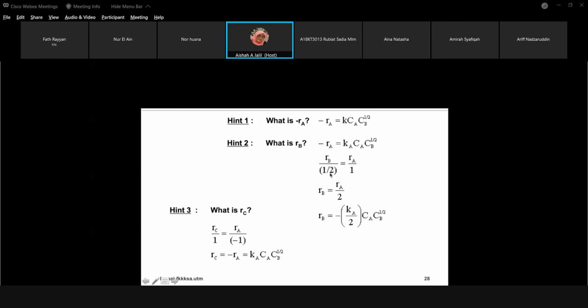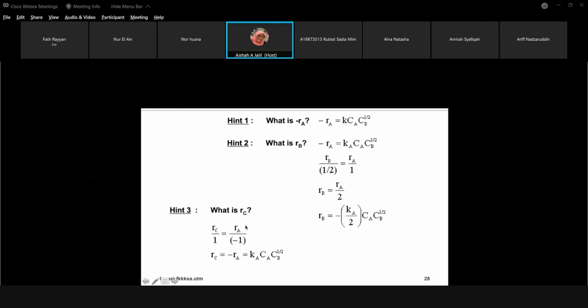This is half, and then r_A becomes 1. So r_B becomes like this, cross-multiplying. For r_C also, this is -1, because the reactant and the product is just one C, so it becomes like this. Be careful of the sign, negative and positive, okay? Very simple, right?